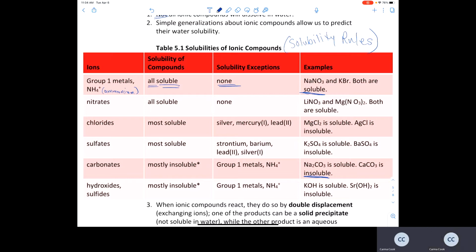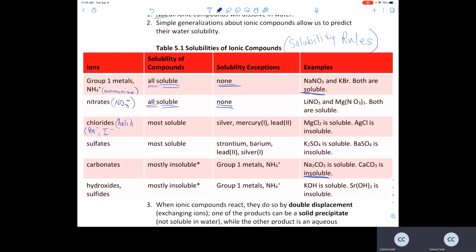If your ionic compound contains a nitrate polyatomic ion, then that ionic compound will be soluble. No exceptions. If your ionic compound contains a chloride ion, or for that matter, a bromide ion, an iodide ion, so here we'll say in general the halides.